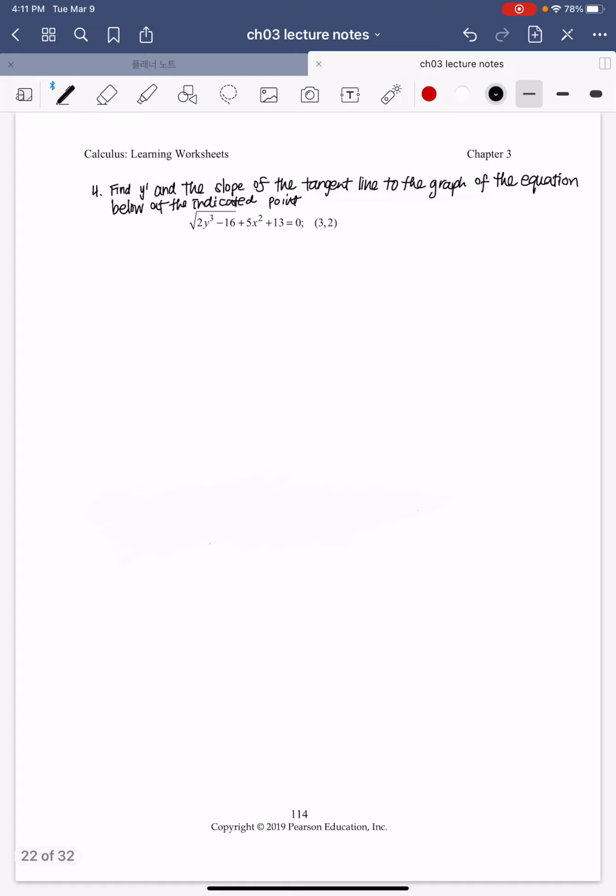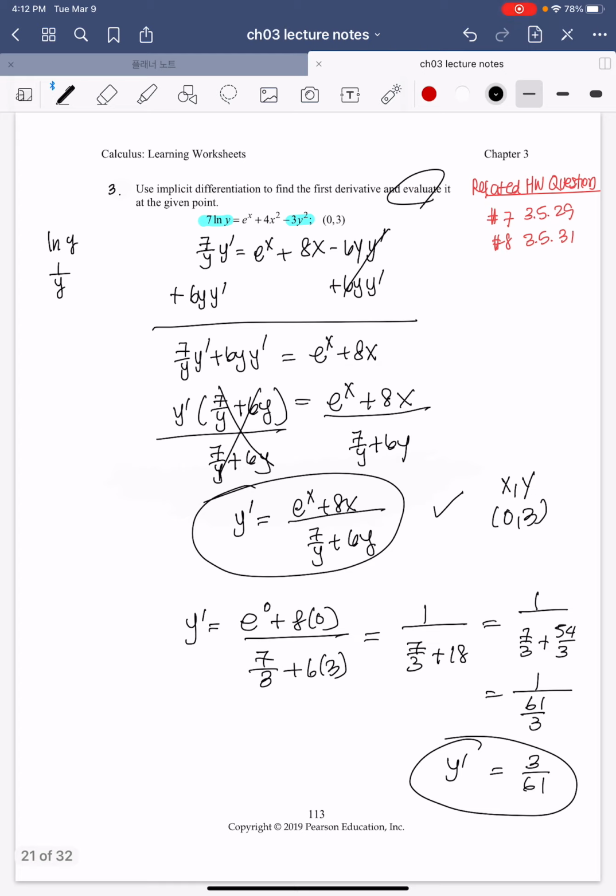All right, here's the last problem. Find y prime and the slope of the tangent line to the graph of the equation below at the indicated point. Do not get confused by this wording, because it's exactly the same as the part over here: implicit differentiation to find the first derivative and then evaluate.